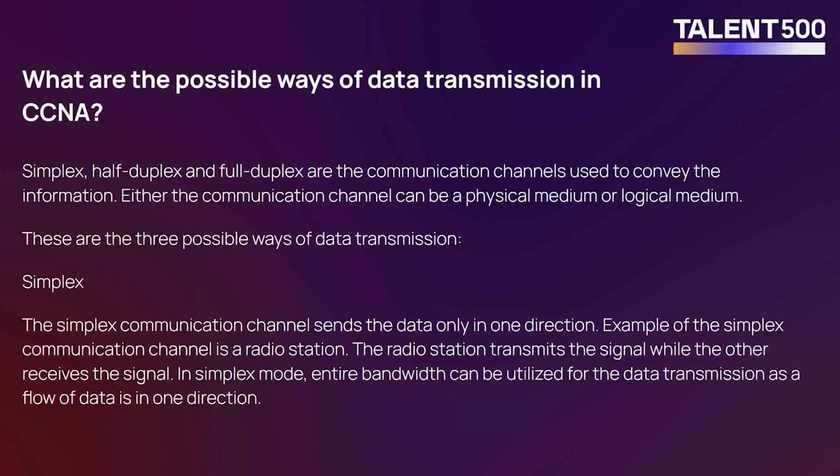In Simplex mode, the entire bandwidth can be utilized for the data transmission, as the flow of data is in one direction only. So since there is only one directional data transmission, the entire bandwidth can be consumed, as no bandwidth has to be given to the other directional flow. So a radio station is one of the examples.